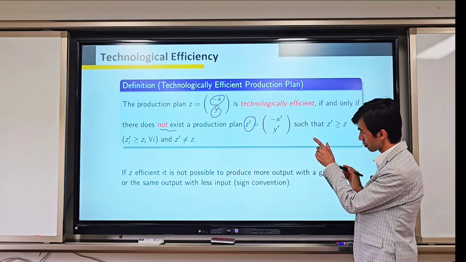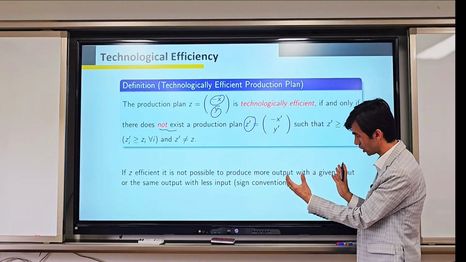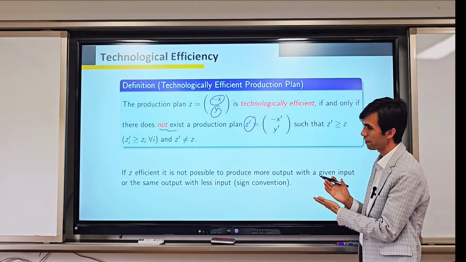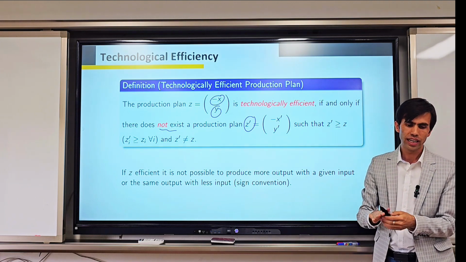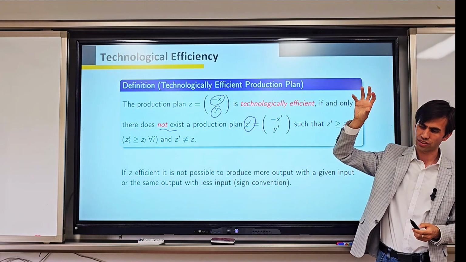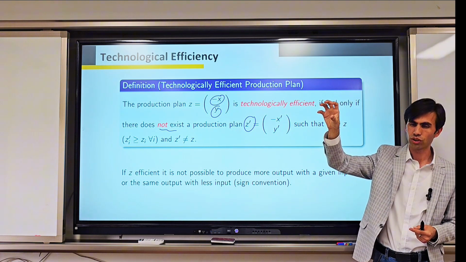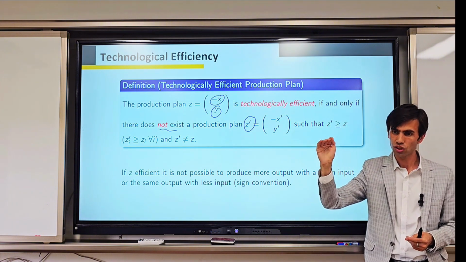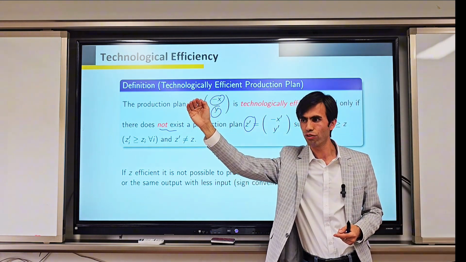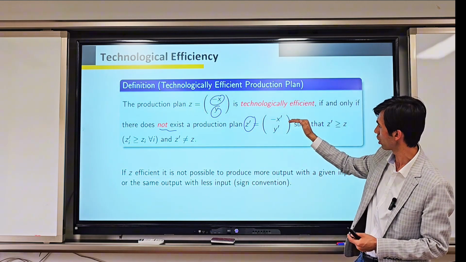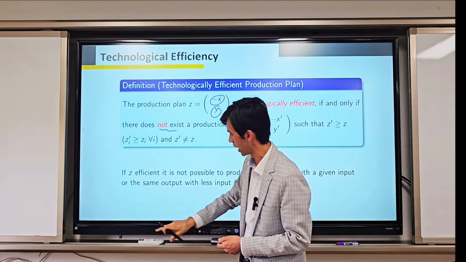So intuitively, the technologically efficient production plan is the highest production plan that you use to get the most. It means there is no other possibility to move forward to get better than that. So that's called the technologically efficient production plan.